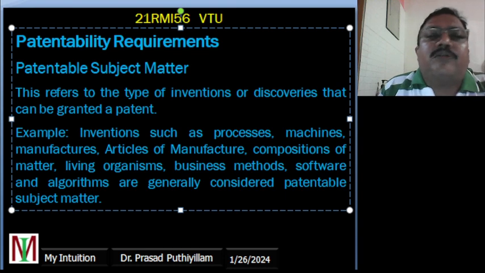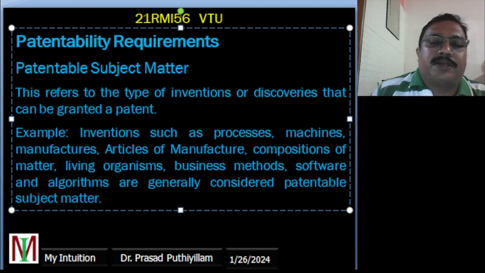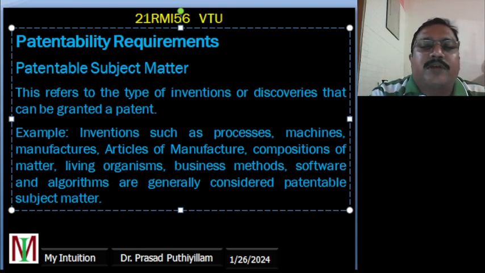So pharmaceutical compounds, drugs, chemical compositions, or even alloys for mechanical applications. Any new material produced will have its own composition of matter.